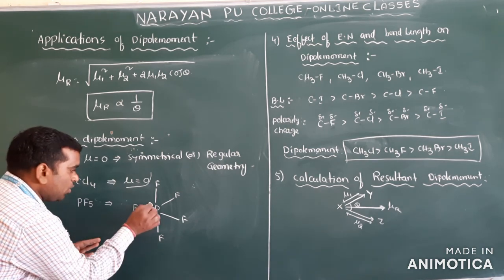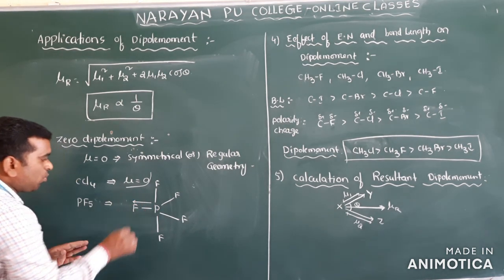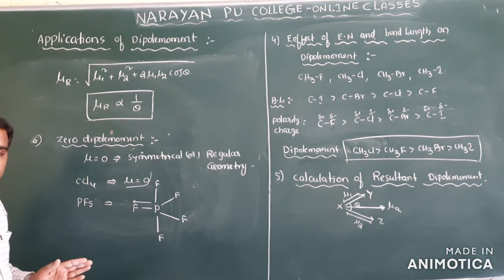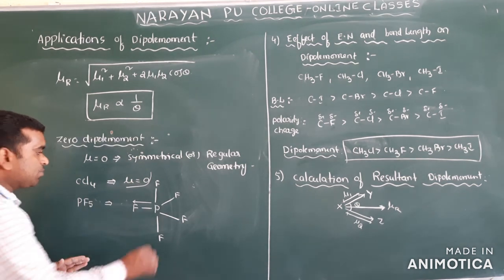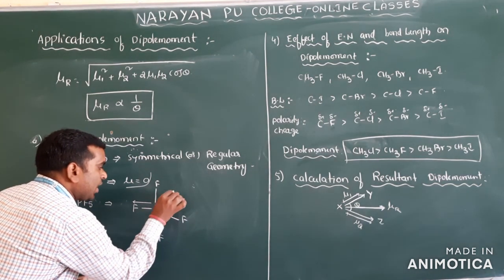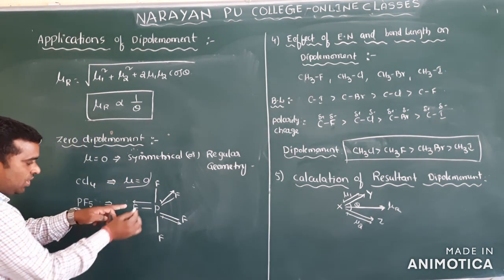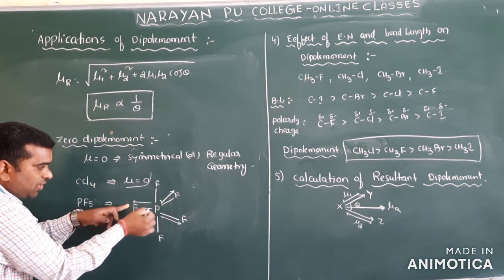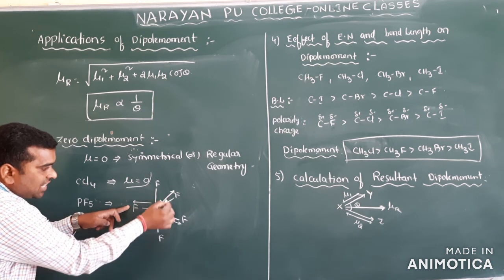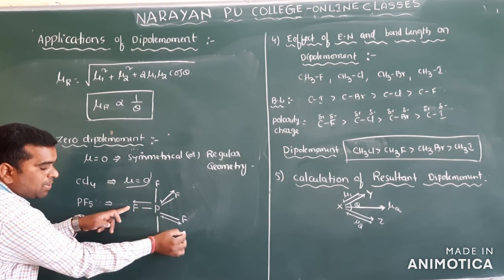If you see, this is phosphorus and fluorine. Fluorine is more electronegative, so the dipole moment direction is always towards the more electronegative atom. Here also the dipole moment direction is like this. Clear? For these three bonds, the resultant of any two will be cancelled by the third one.